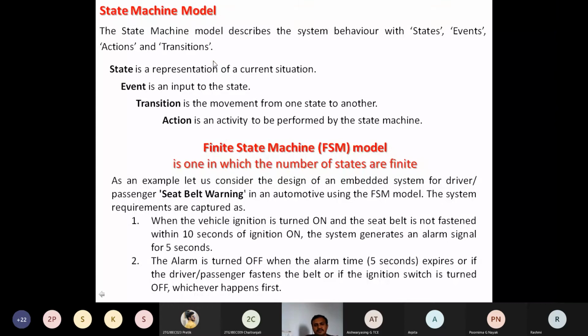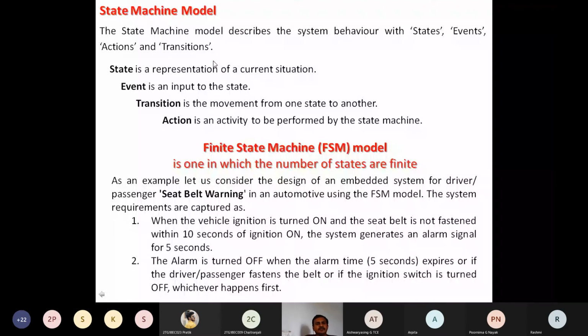Because of this example, in the previous class, I asked how many of you use a four-wheeler at home. A few members told that yes, they have a car at home, or they are familiar with the car. So they know this example, the seat belt warning process, better.